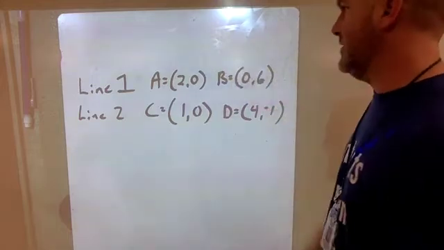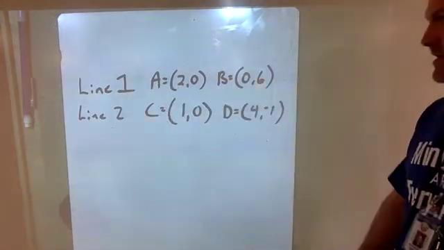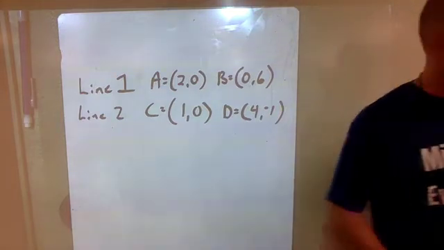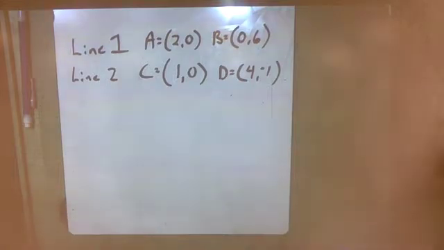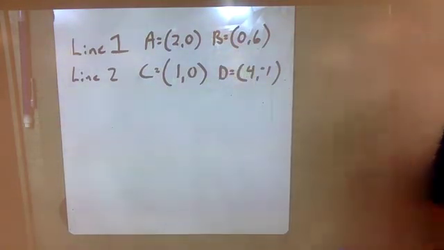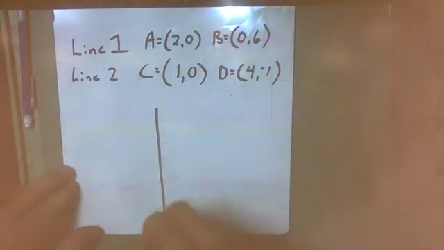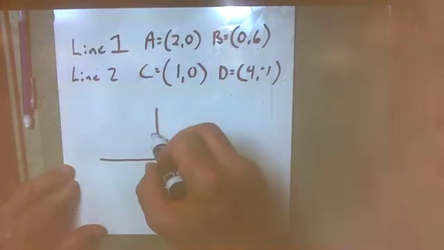Are these lines perpendicular? The line that connects A and B compared to the line that connects C and D, are they perpendicular? Well, like I'm going to stress to you, please graph these points. I'm going to graph them. So line A to B is from (2, 0) to (0, 6).